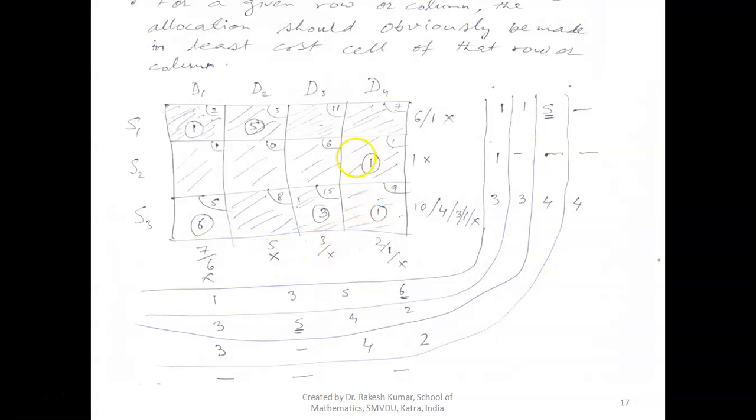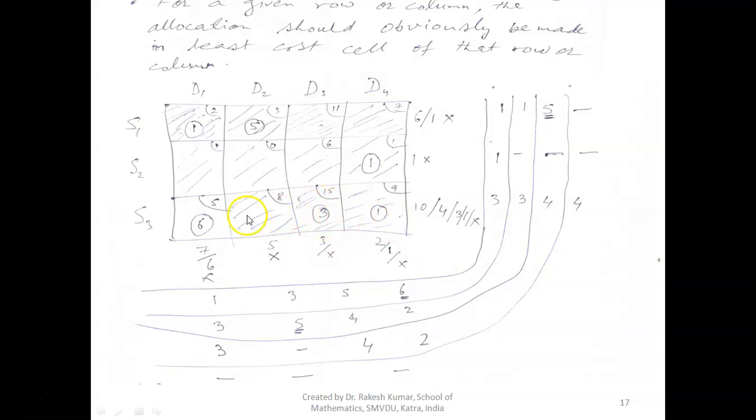Now coming to this one here, 3 are demanded, and now we have no other choices, only this 3 and 2. One was left over here. So one unit is transported from here to this, and 3 units are transported from here to this one, because there was no other choice.